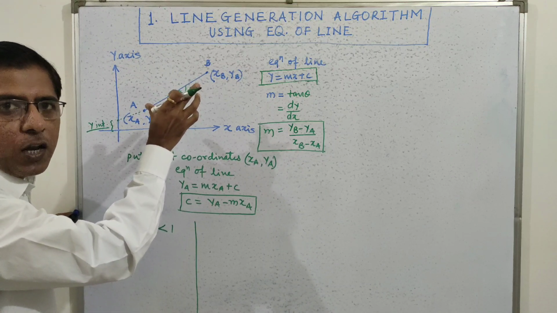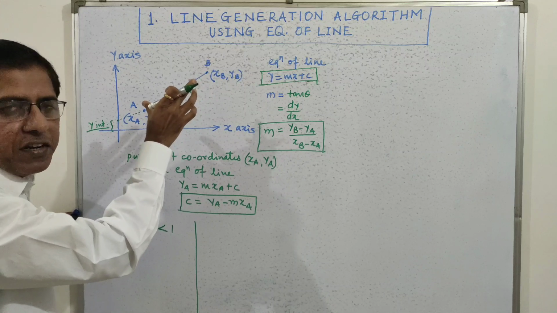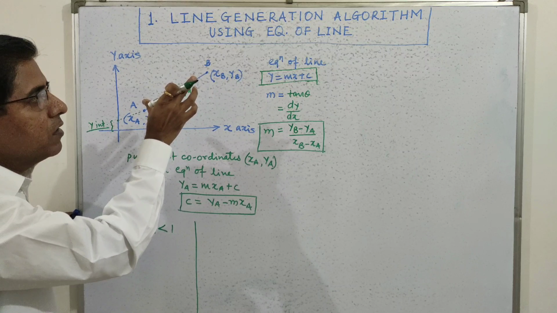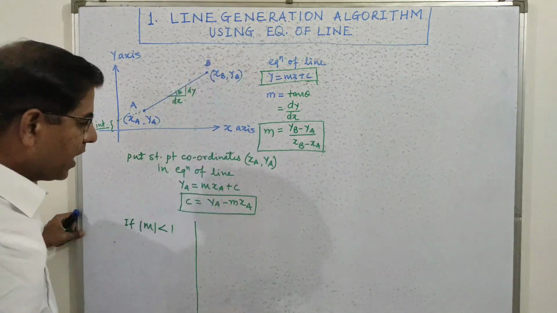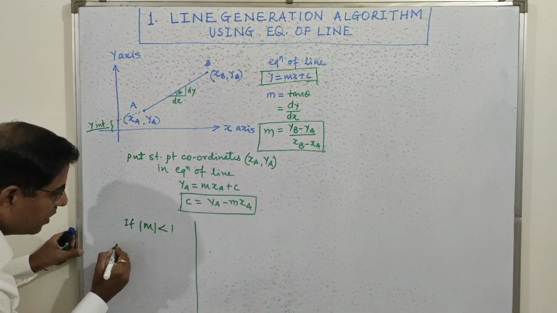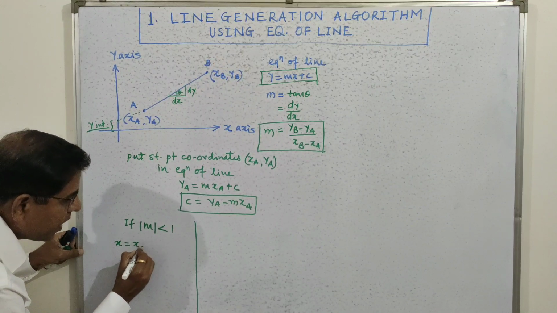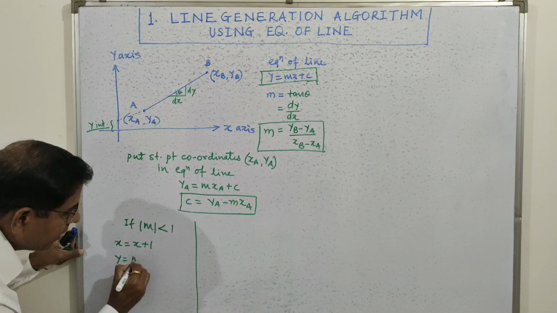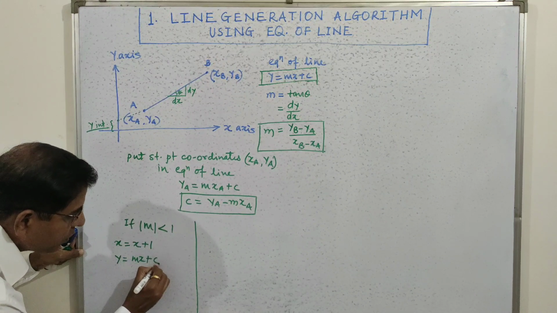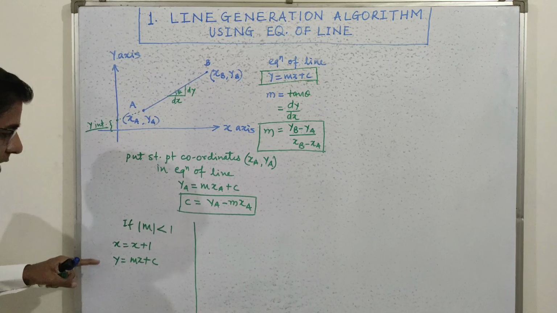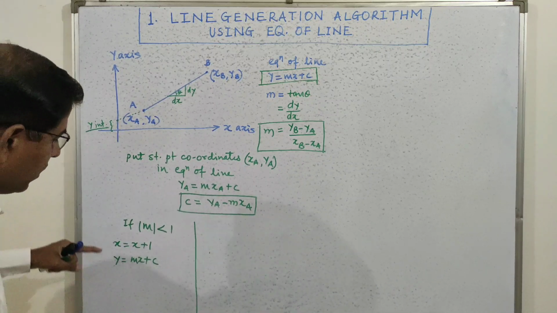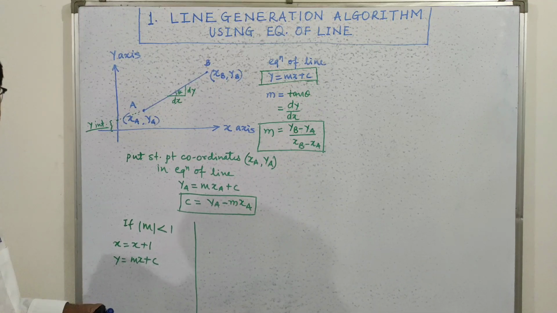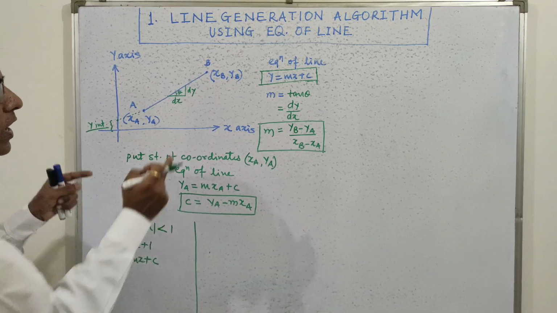So we increment the value of x by 1 in every iteration and calculate the value of y by equation of line. We continue calculating the values of x and y till the value of x is less than or equal to xb.